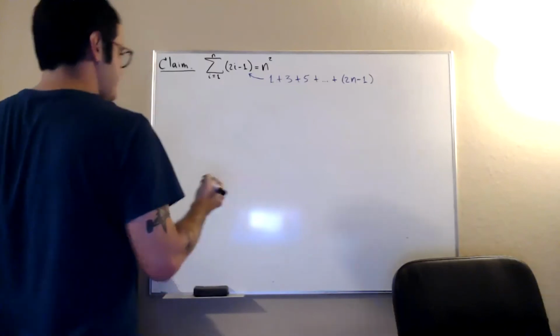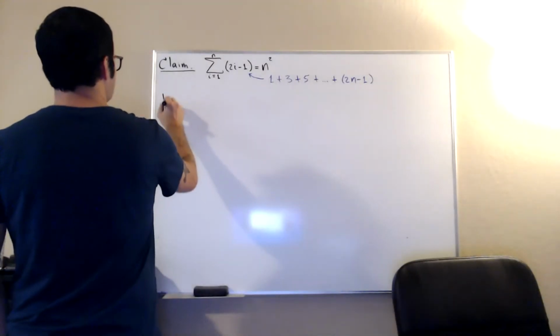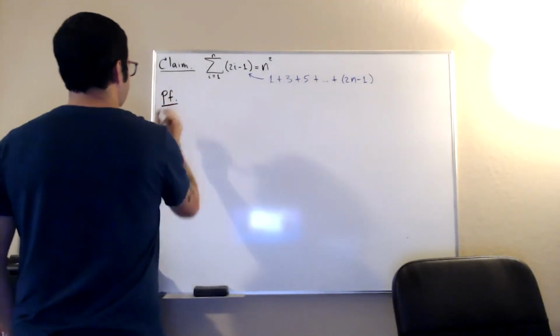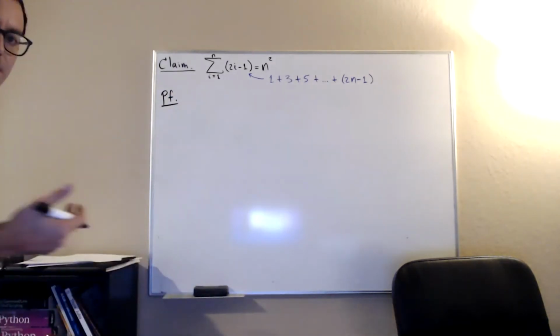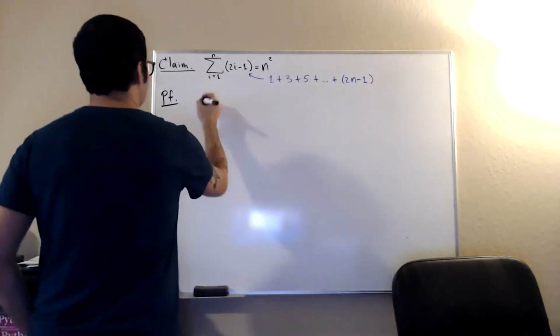So, proof. Let's be very methodical like we were last time and write out every piece so that we understand what P of k or P of n is.